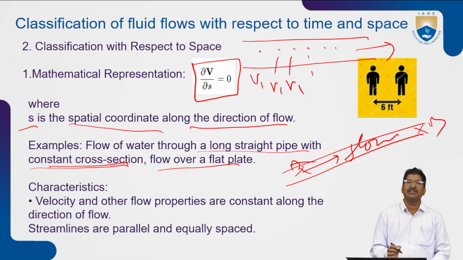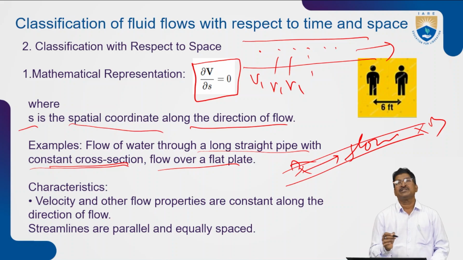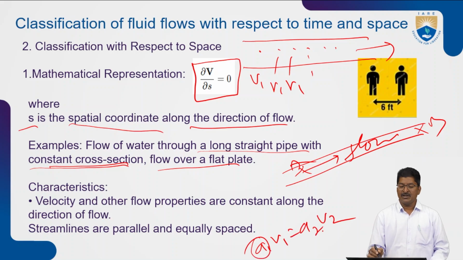So what does it mean? If the diameter is varying, then the velocity will change, because Q is equal to A1V1, that is equal to A2V2, as per this formula. If the area is reducing, V will increase, because A1V1 is equal to A2V2: something is reducing, the other thing is increasing.